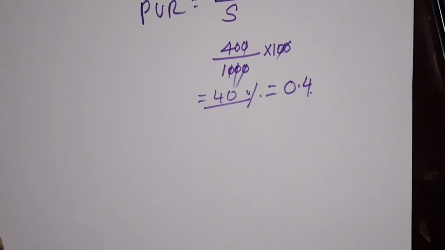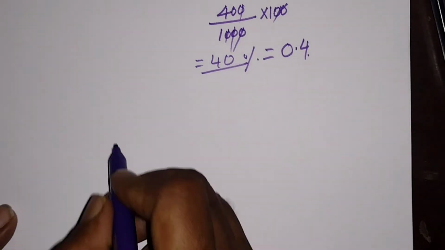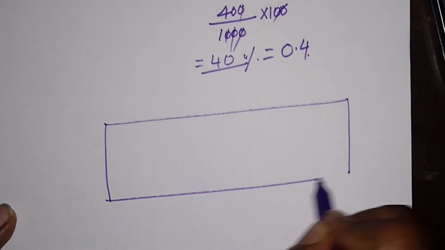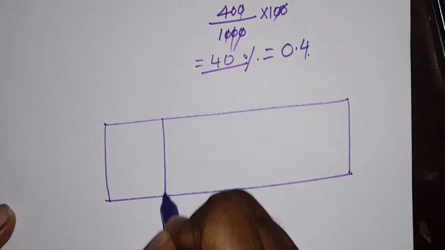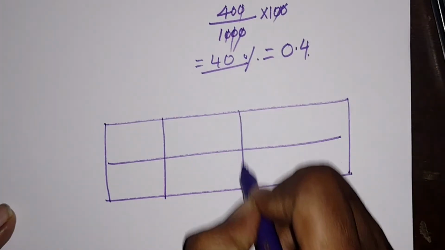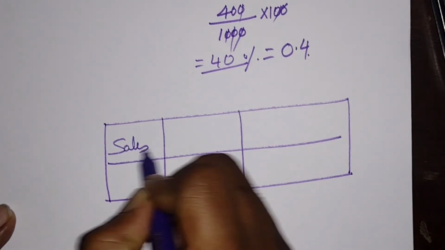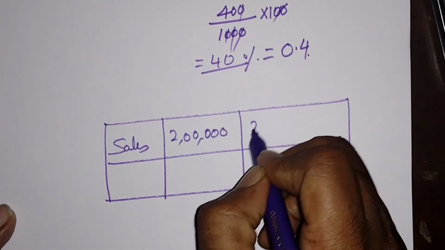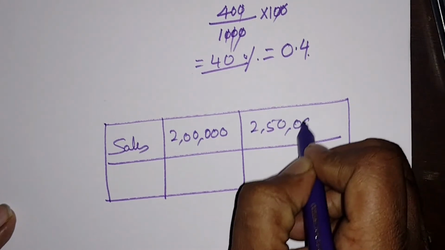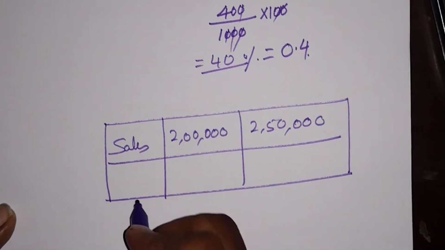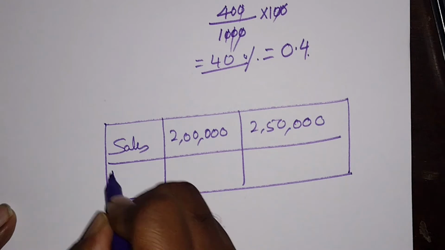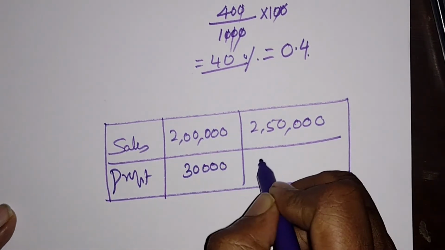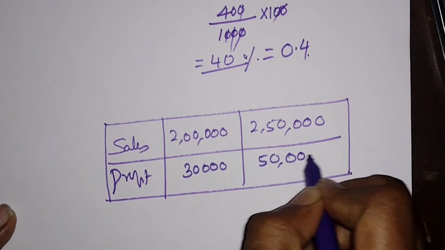Next, we have one more formula for the PV ratio. For that another formula of PV ratio, we require information like this. Sales, for example, in two different periods it is given 2 lakh and 2,50,000, and profit for one period is 30,000, for another period it is 50,000.